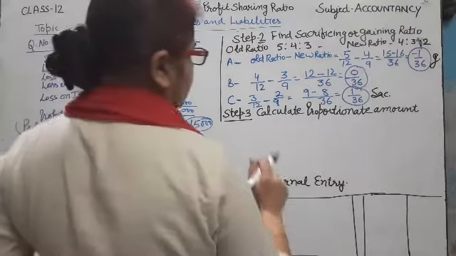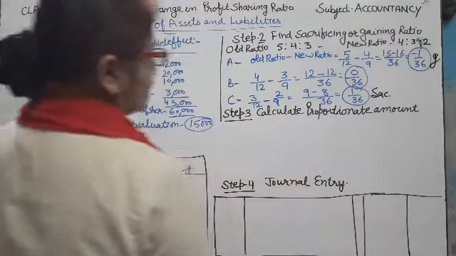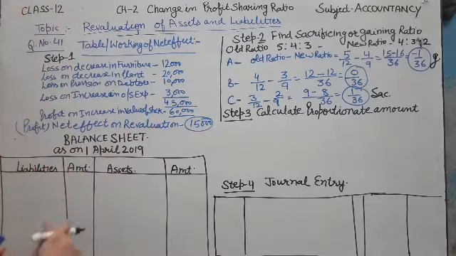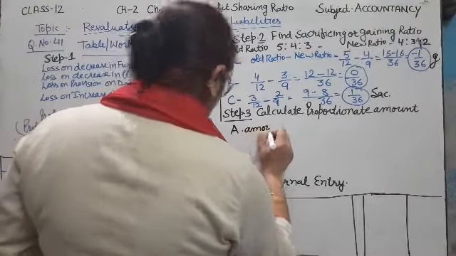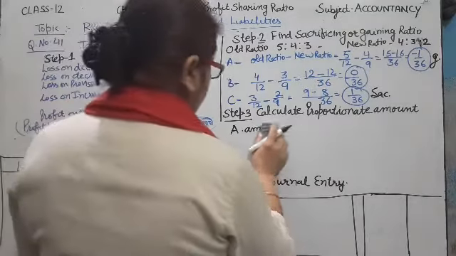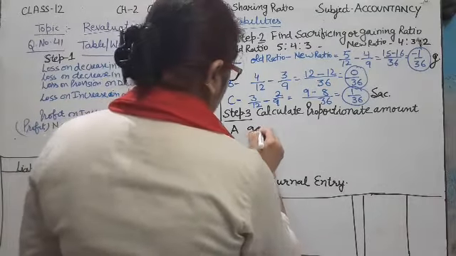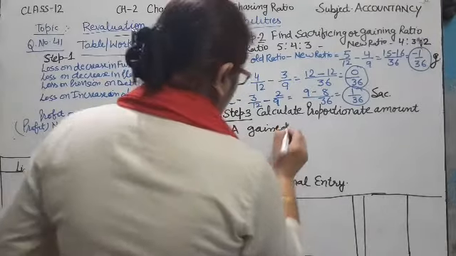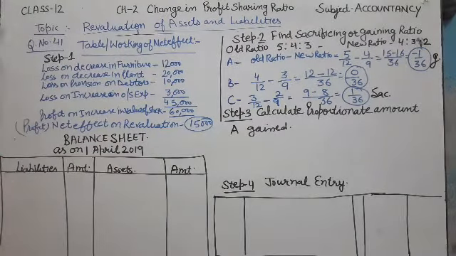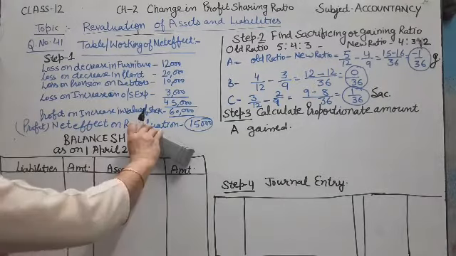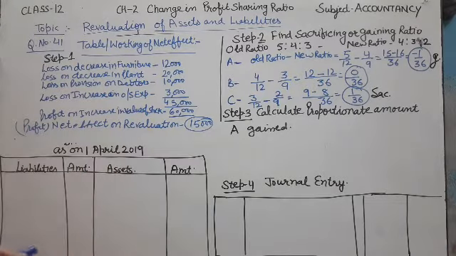Now step number 3, calculate proportionate amount. And we calculate A amount, A gain, now you observe that net effect on the revaluation is 15,000.